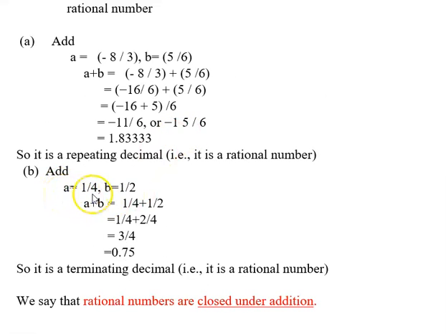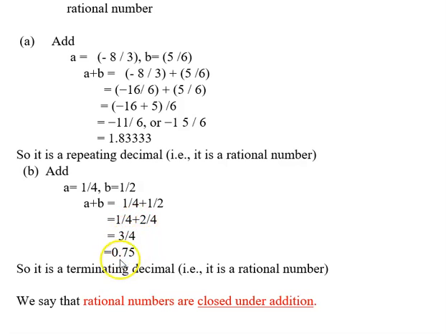The given rational number a is 1 by 4 and b is 1 by 2. Now we'll check the closure property of addition for these two rational numbers. So a plus b equals 1 by 4 plus 1 by 2. Again we are making the denominator common. I've multiplied by 2 in the numerator and 2 in the denominator. So 1 by 4 plus 2 by 4. The denominator is common, so I am adding the numerators.